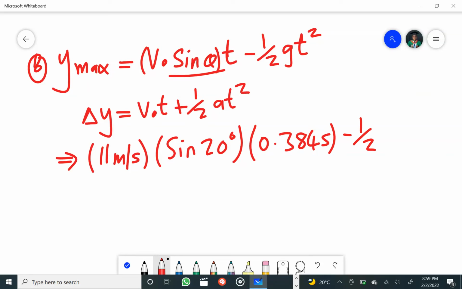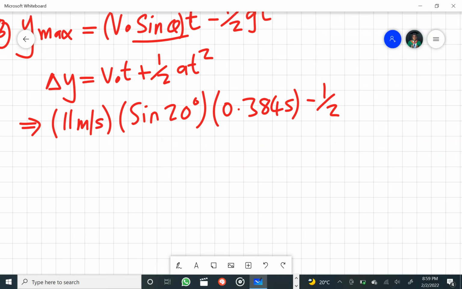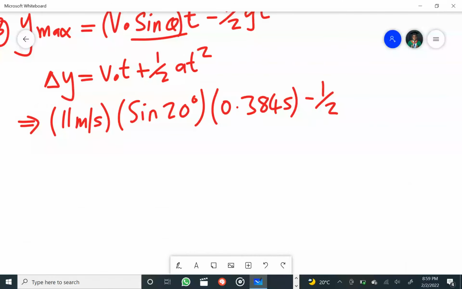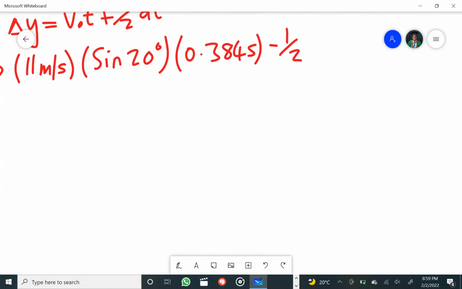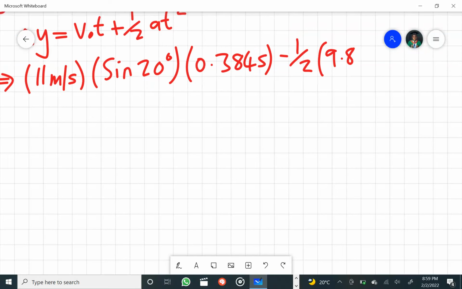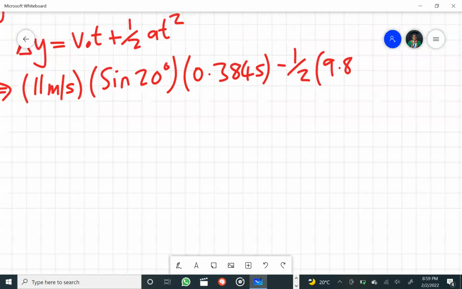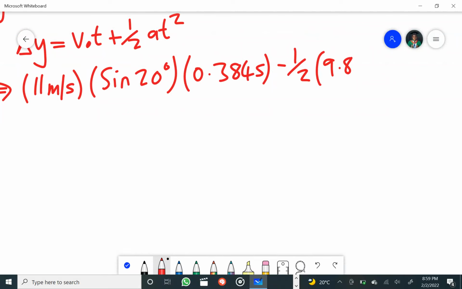So the half is then going to be for the 9.8. Okay, let me just move it a little bit down so that I can write properly. So then this is going to be meters.